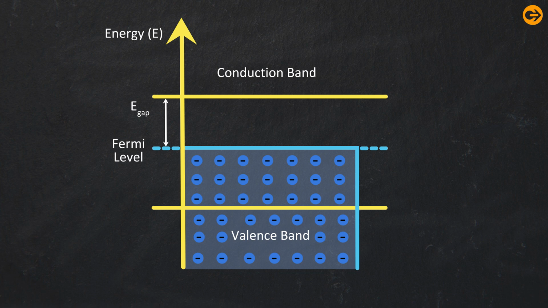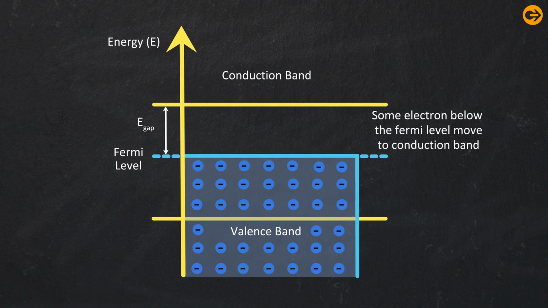For case 3, when the temperature is increased, that is T is greater than 0 and E is greater than Ef, some electrons below the Fermi level Ef will acquire energy and move into states above the Fermi level Ef.